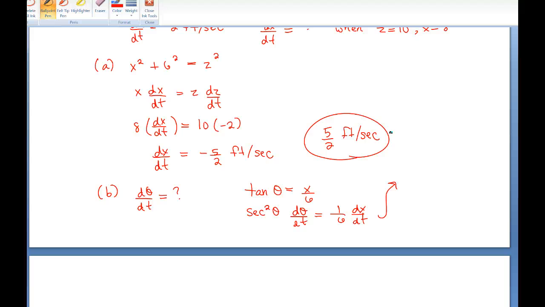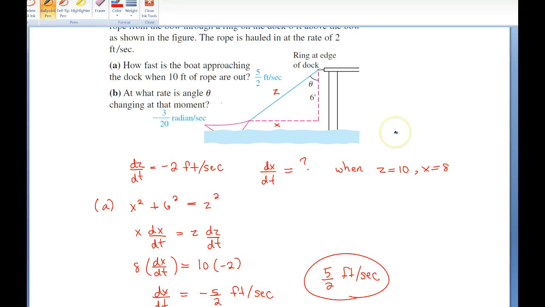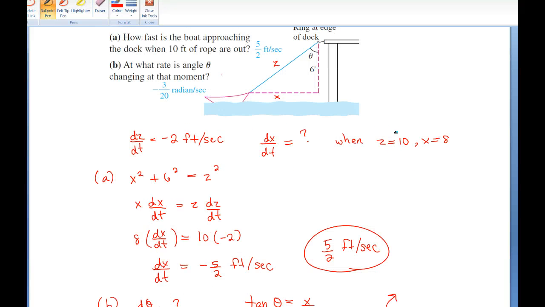Let's finish up this one. Secant is hypotenuse over adjacent. So what do we have? 10 over 6, and then we square that? If I do secant, it's 10 over 6, so 5 over 3 squared, so 25 over 9.